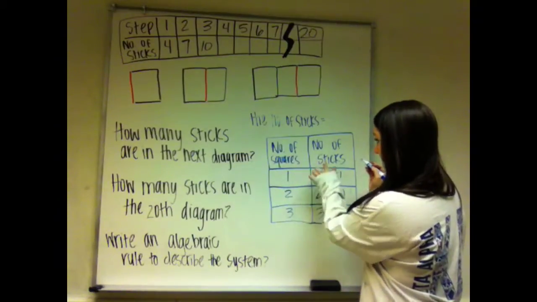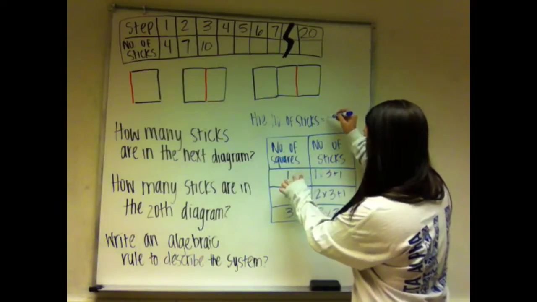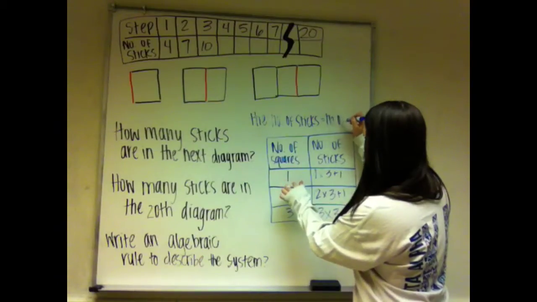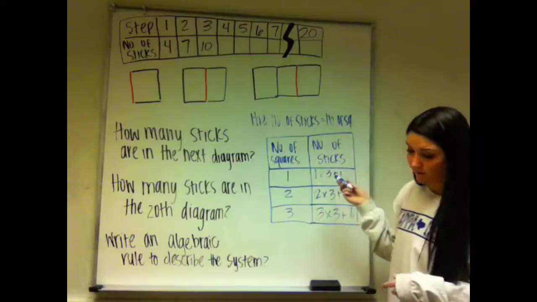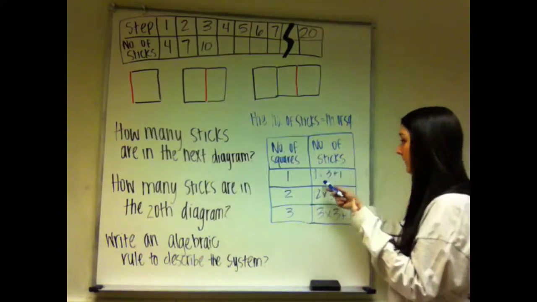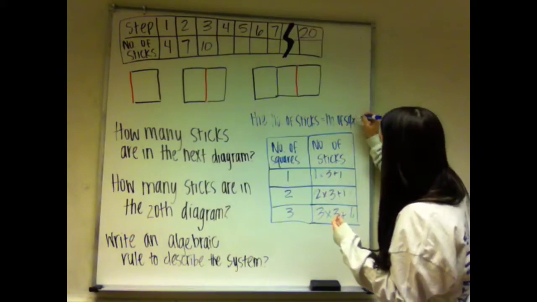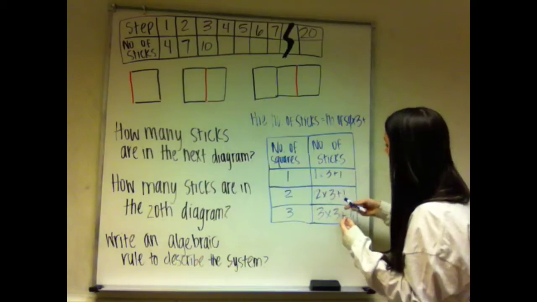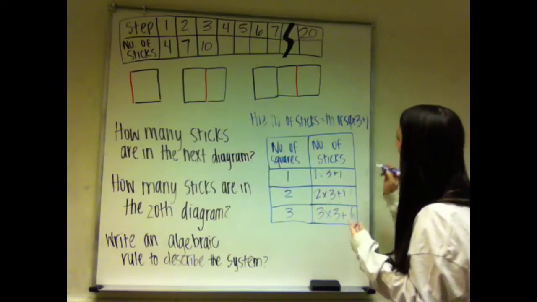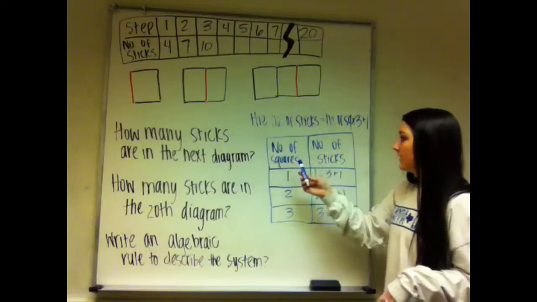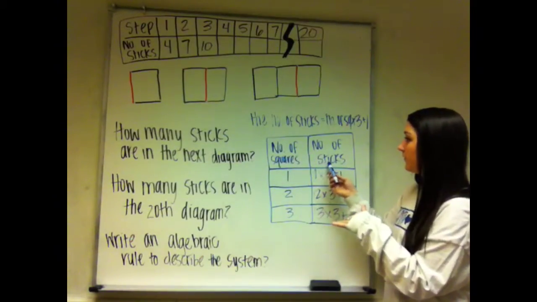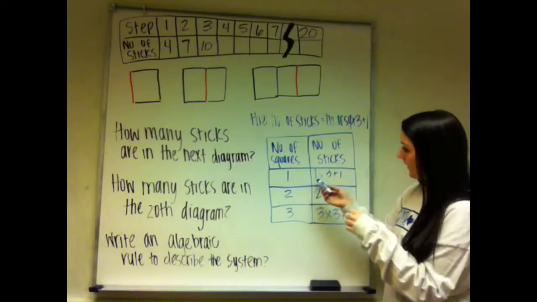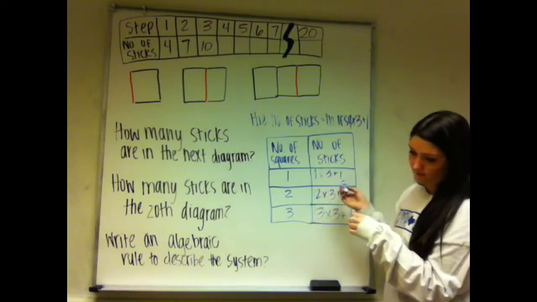So like the number of sticks is equal to the number of squares times 3 plus 1.